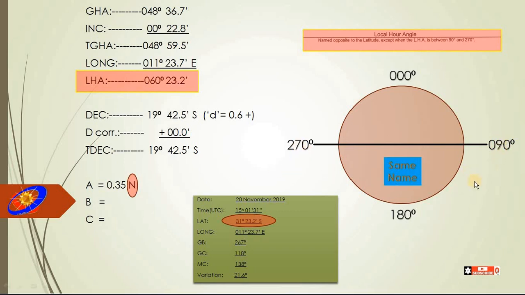Here, from 90, 180, 270, same name. From here, 90, 0, 270, change name to opposite. Because our LHA is somewhere here, it means that it's in the area of change name to opposite.